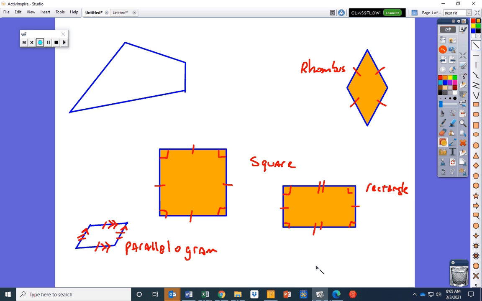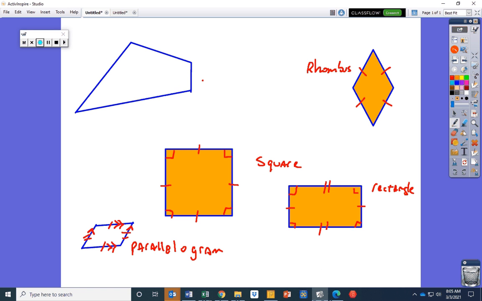Do I see any equal sides? I don't see anything. So what do you think this is? This is just a quadrilateral. The only thing I can gather from this shape is it has four sides, right? That's just a quadrilateral.